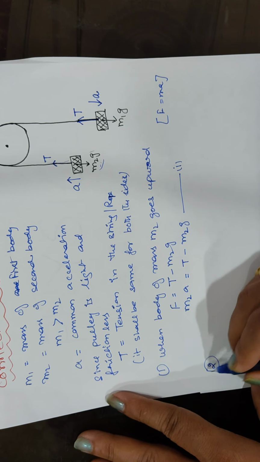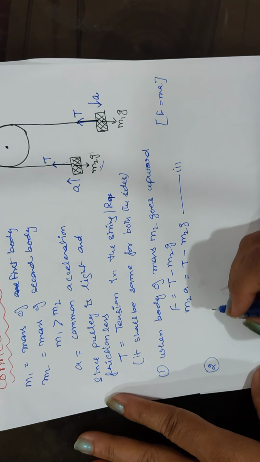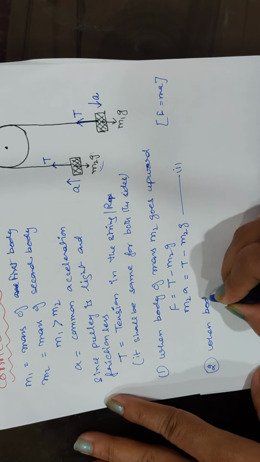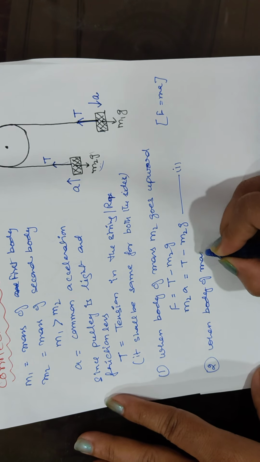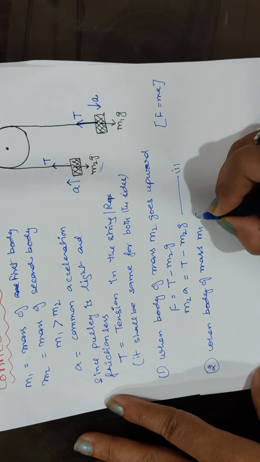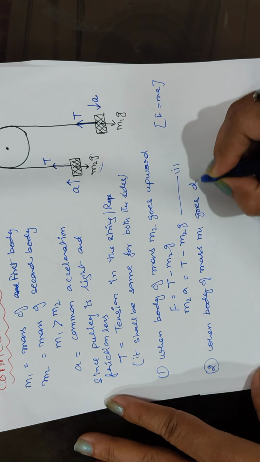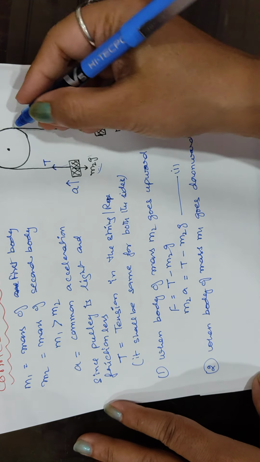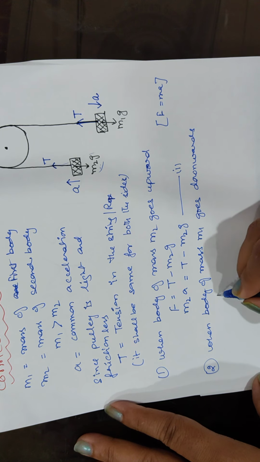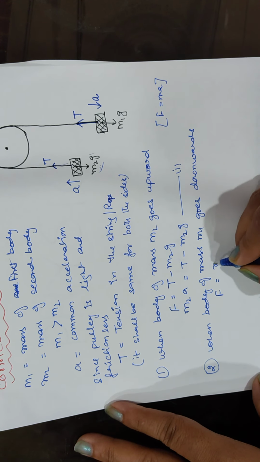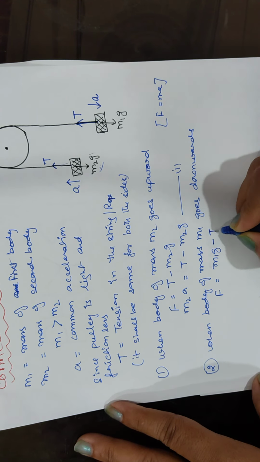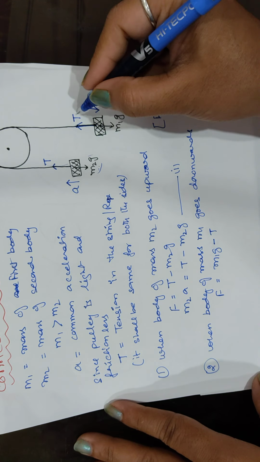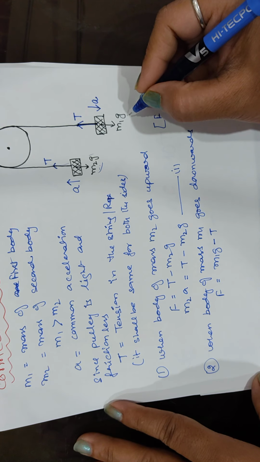Now the second force, at the second portion of the string, when the body of mass m1 goes downwards, since it is moving downward, F is equal to m1g minus T, because this force is more than the tension force, that's why it is moving in the downward direction.